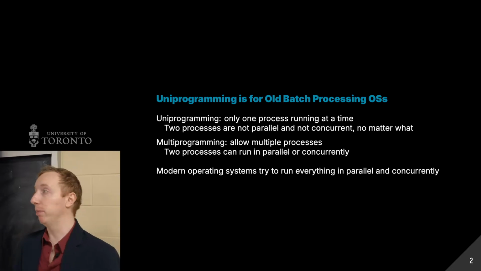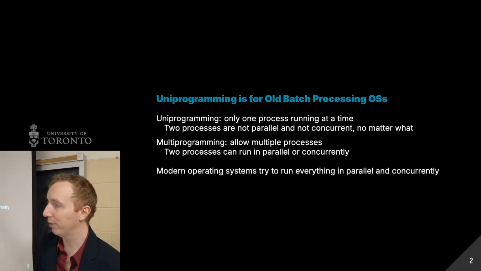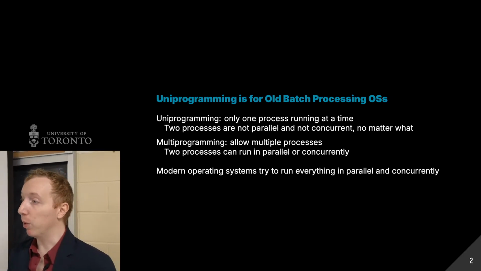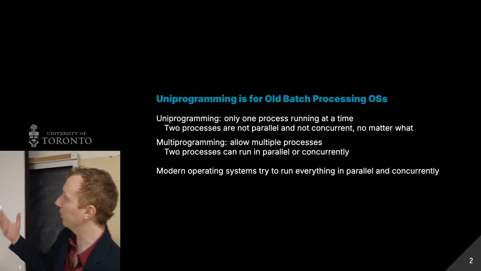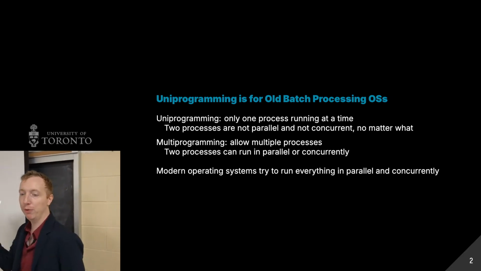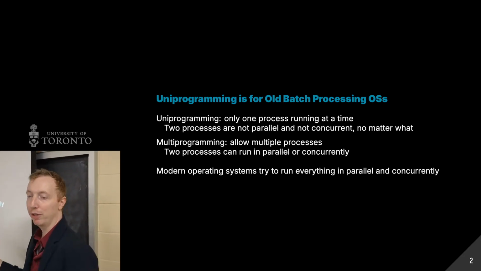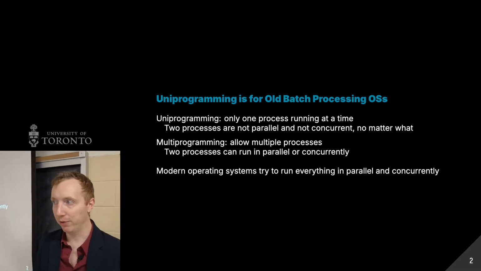Back in the olden days with DOS and whatever came before that, you could only run one process at a single time, which is a bit limiting. That was called uniprogramming. So if you have two processors, they're not run in parallel and they're not run concurrently no matter what. We can only run one process at a time, which kind of sucks.